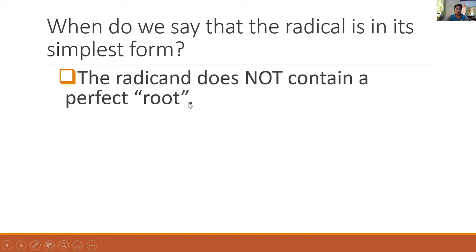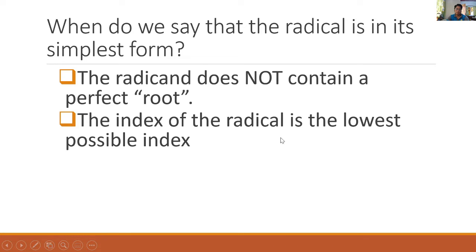If that is cube root, wala nang factor yung mismong radicand na may cube root. Okay? Or perfect cube. If that is nth root, wala nang factor yung radicand na perfect nth root. That is what we mean by radicand does not contain a perfect root.